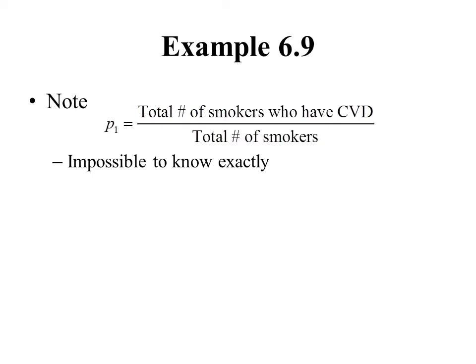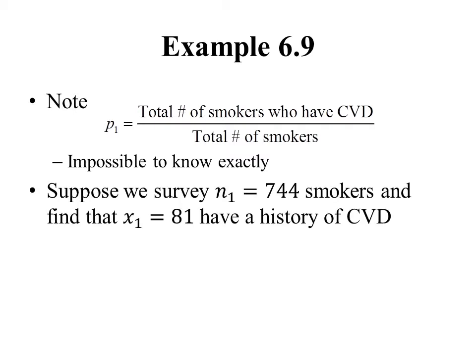Well, that's impossible to know exactly. Likewise, it's going to be impossible to know the exact value of P2. So we're never going to know the exact value of P1 minus P2. So instead we're going to have to try to estimate that difference using sample statistics.